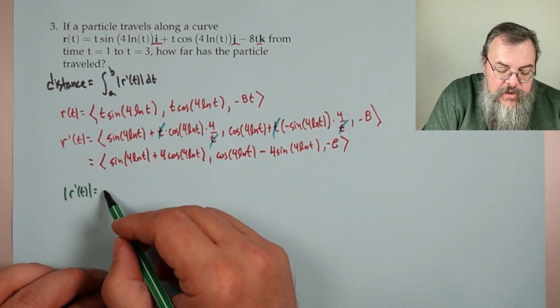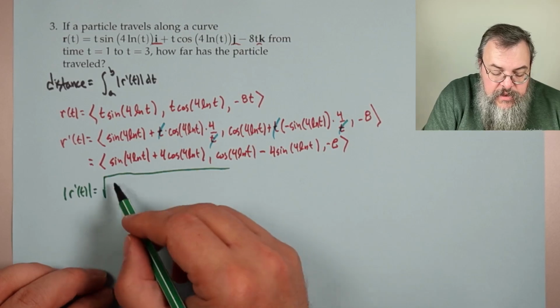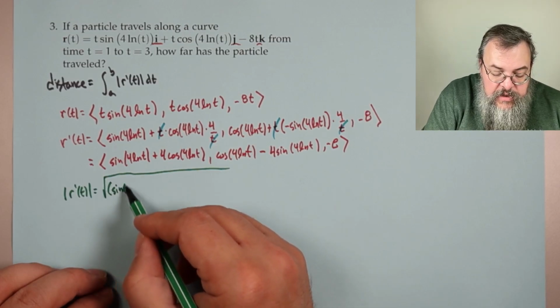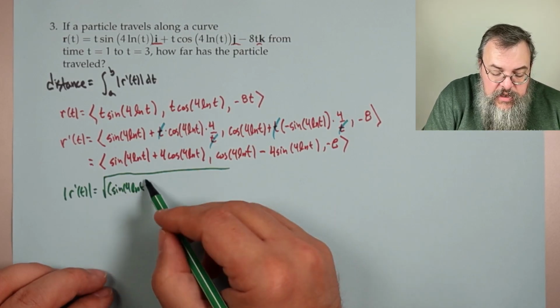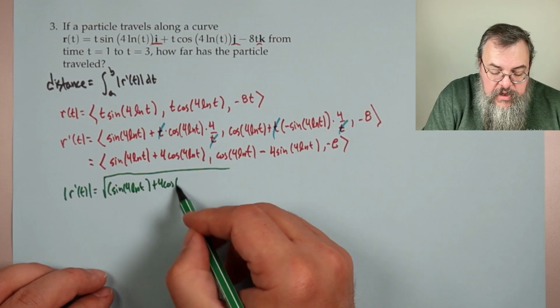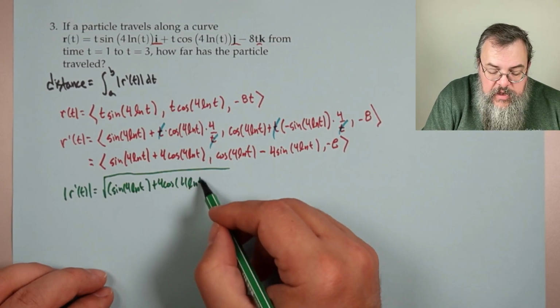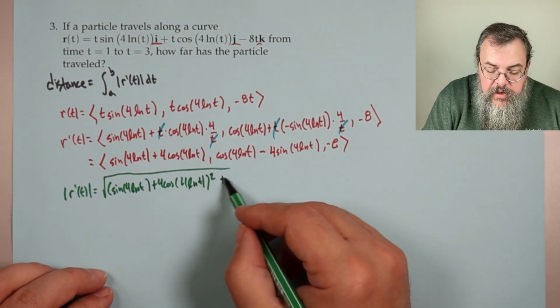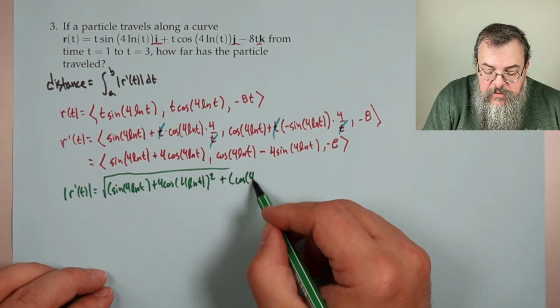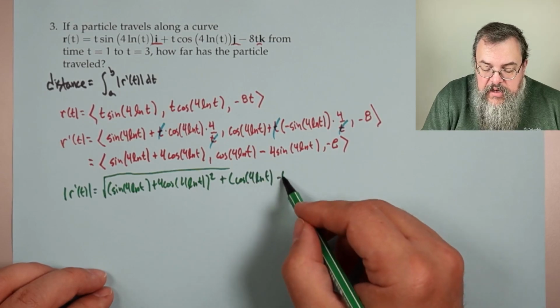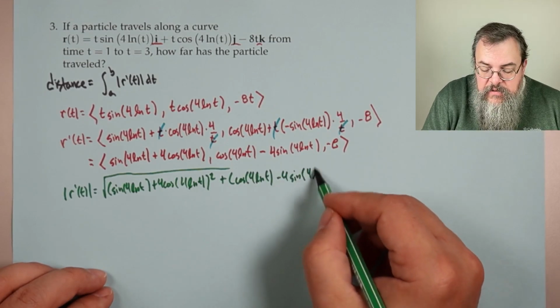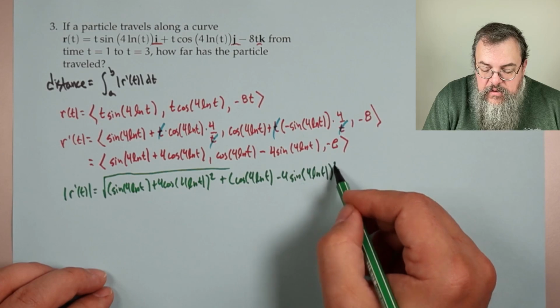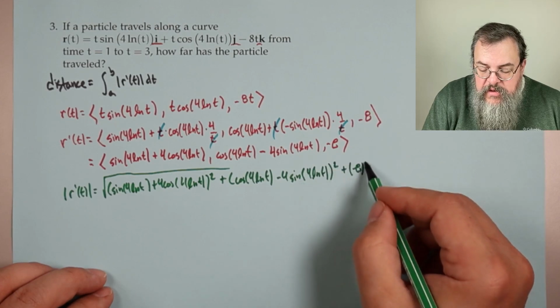Okay, so square root of, sine 4 log t plus 4 cosine 4 log t squared plus cosine 4 log t minus 4 sine 4 log t squared plus negative 8 squared.